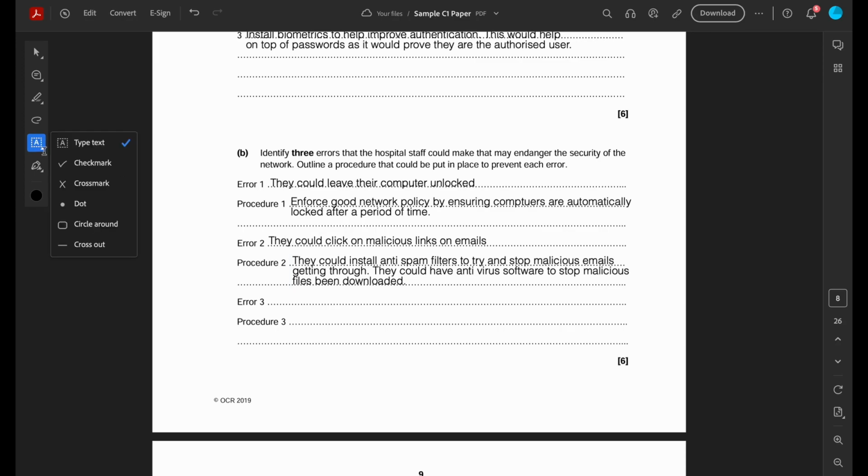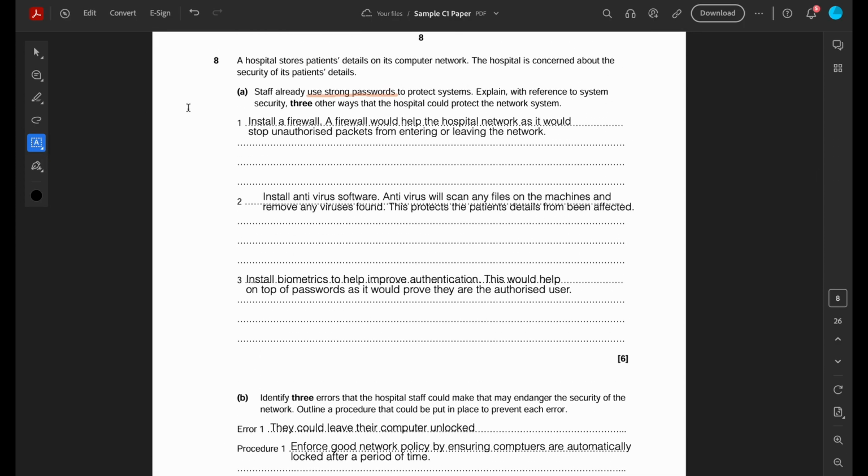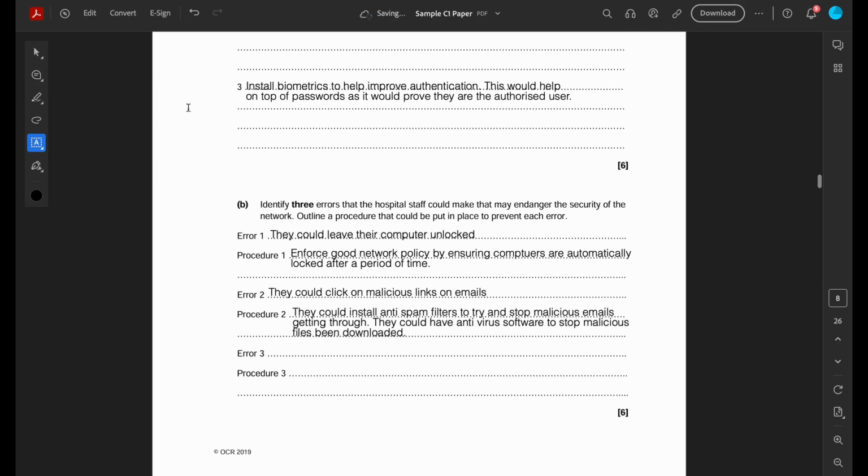What else would staff do that they shouldn't do? They could even have weak passwords. I mean, they've been told they've got to have strong passwords, so I'd probably stay away from that, to be fair, but we could talk about that as well. What other things do they do that they shouldn't do? They could just visit things. They might not use encryption.